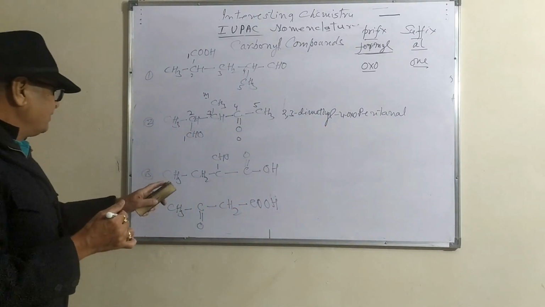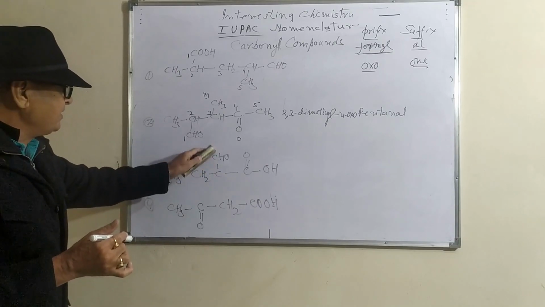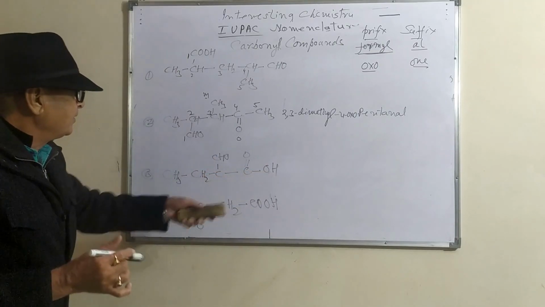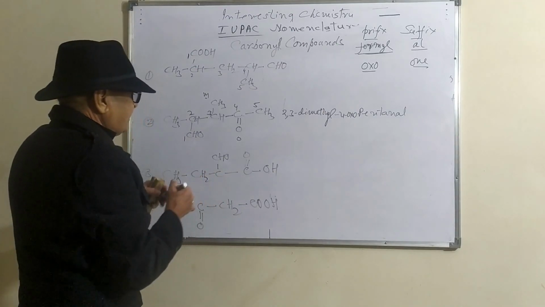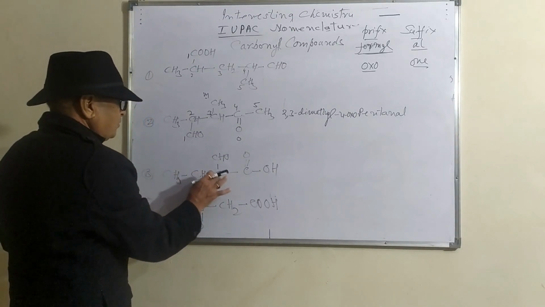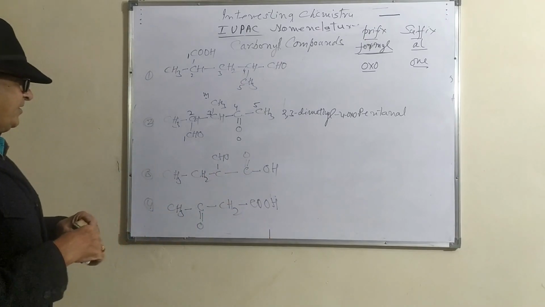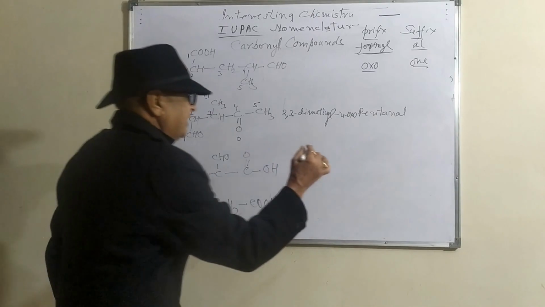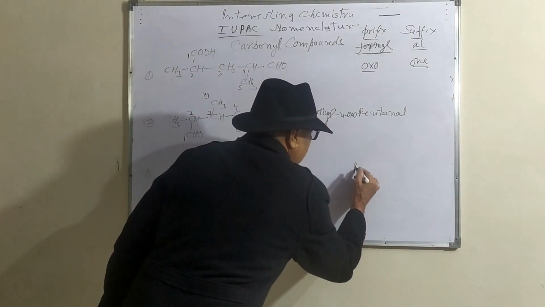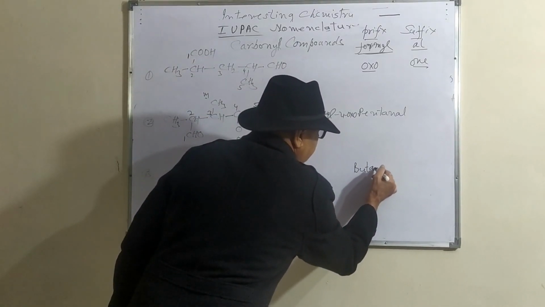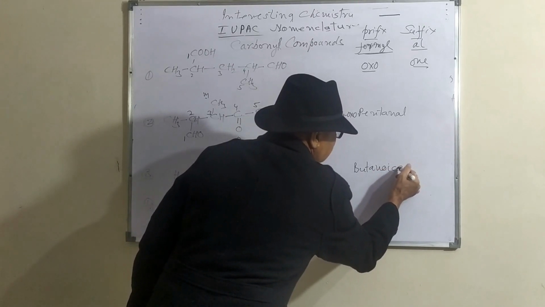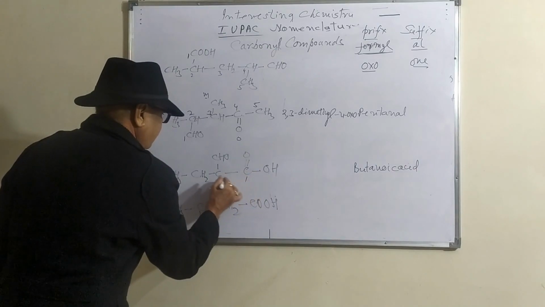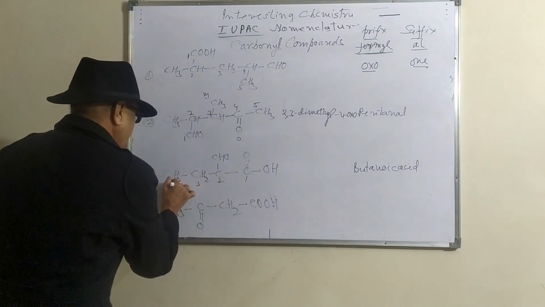So again come to this: CH3, CH2, CHO and COOH. CH3, CO, COOH. This one again, it is 1, 2, 3, 4 butanoic acid. The acid group will decide the name, so it will be called butanoic acid, because it is COOH 1, 2, 3 and 4.